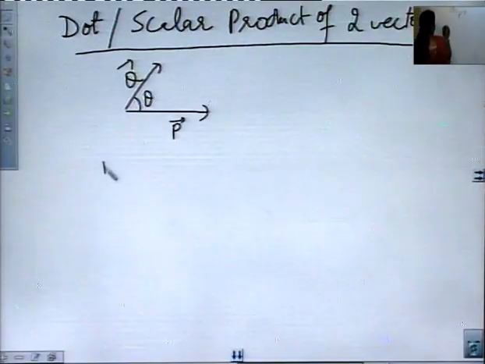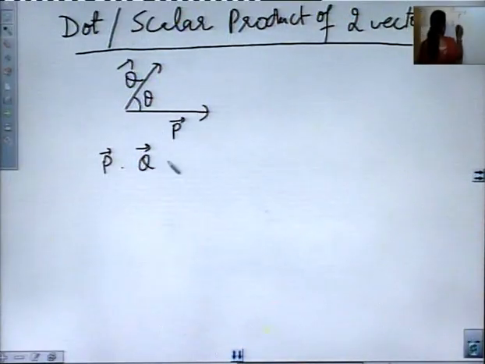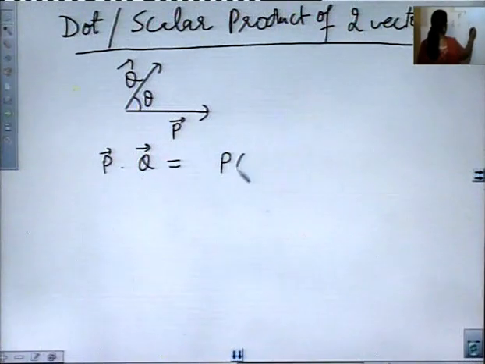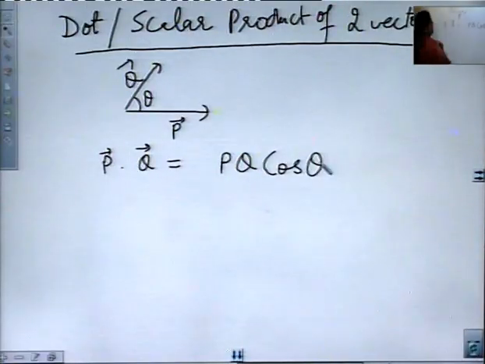Now the dot product p vector dot q vector can be written as the magnitude of vector p, which is p, and magnitude of q vector, q, into cos of the angle between both, cos theta.